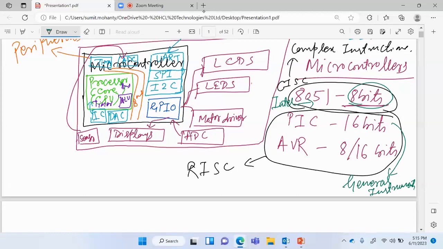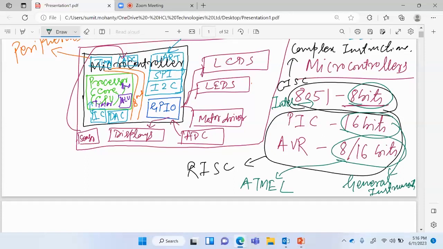That is a 16-bit processor, so that is how it is a 16-bit microcontroller. For AVR, the processors used are of Atmel. That is why you will see the name Atmega, because Atmel manufactures the processor.